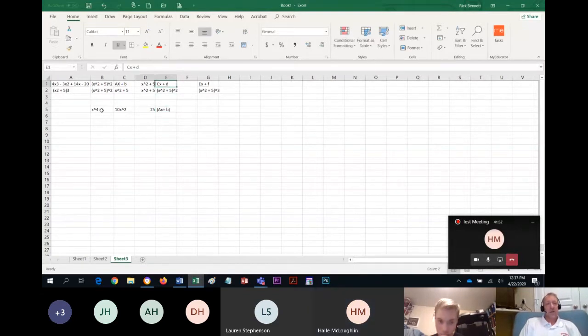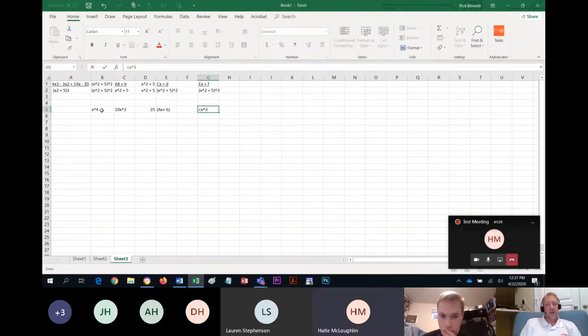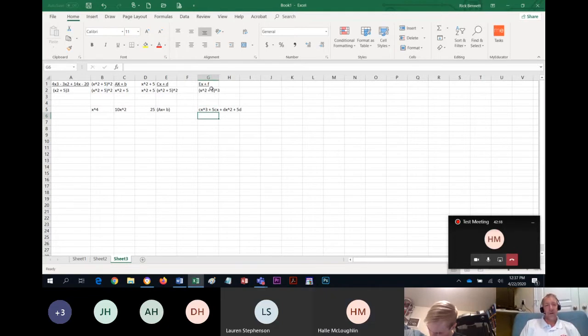Okay, then we need to multiply these two together. So this becomes cx cubed plus 5cx plus dx squared plus 5d. Okay.